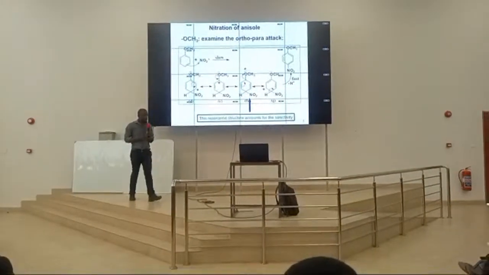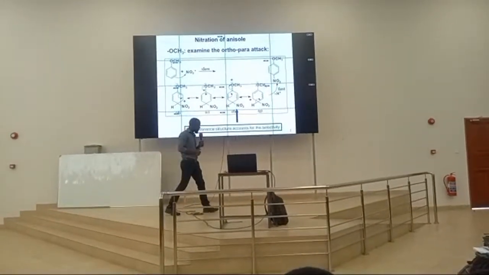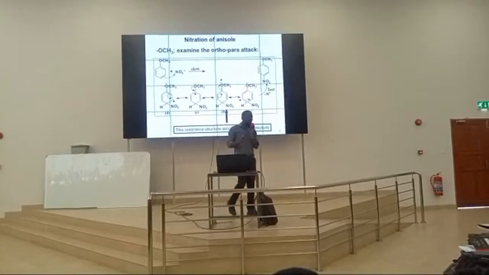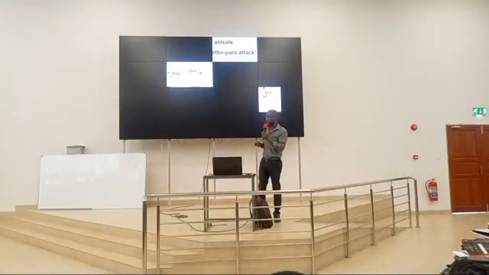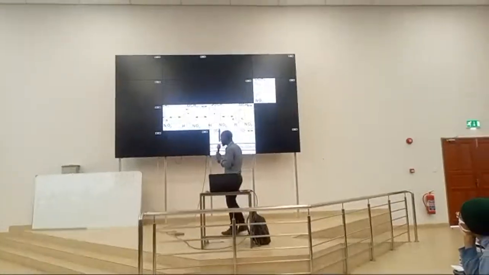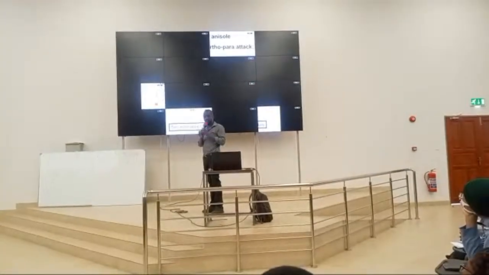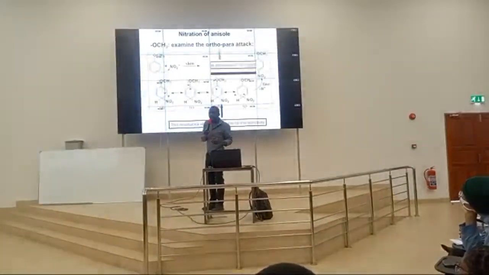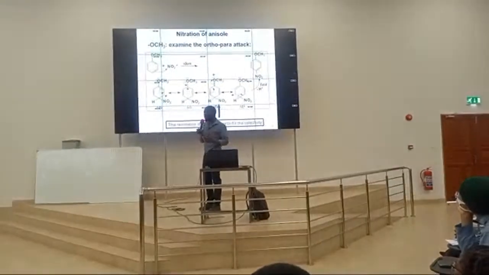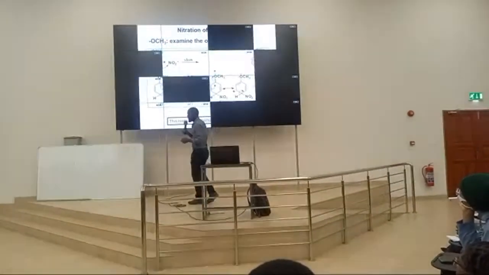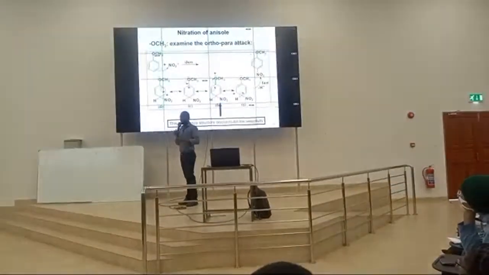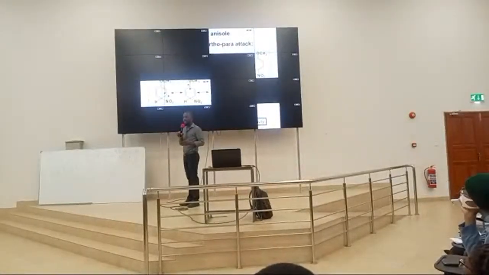So, the reason why I'm showing this is, looking at the stability of the intermediate cation is not the only way to explain why methoxy is ortho and para directing. Okay?